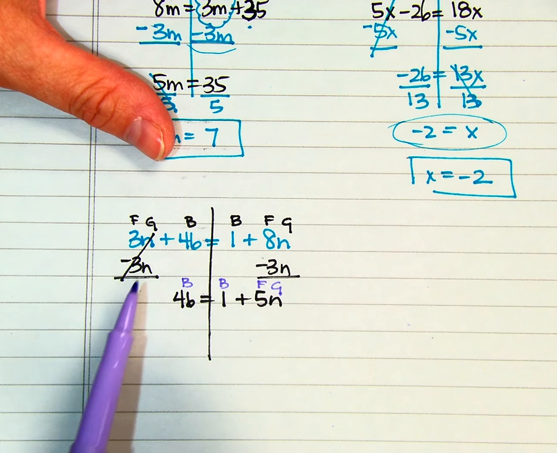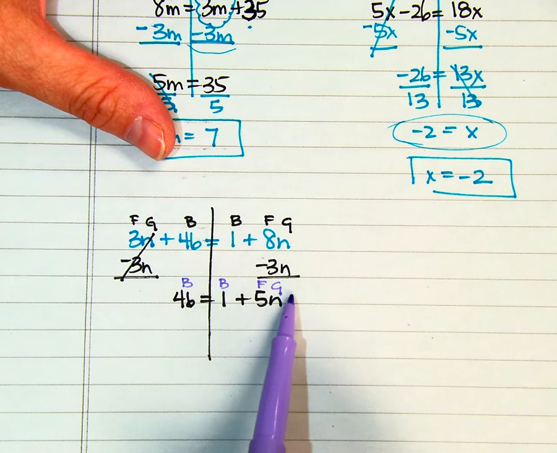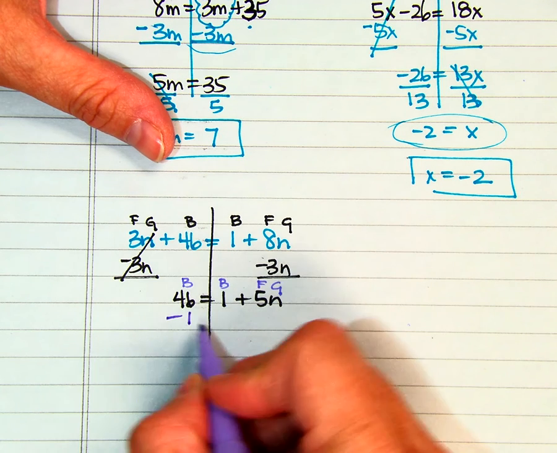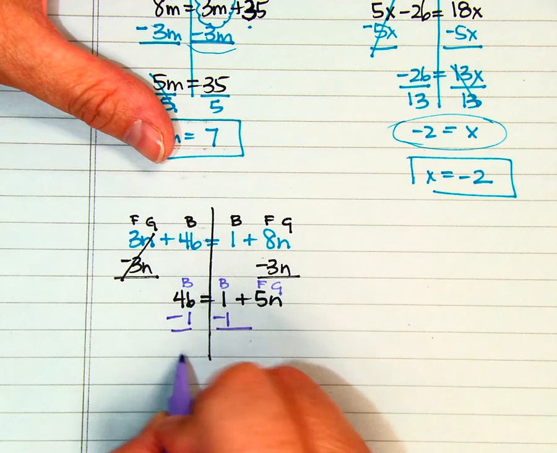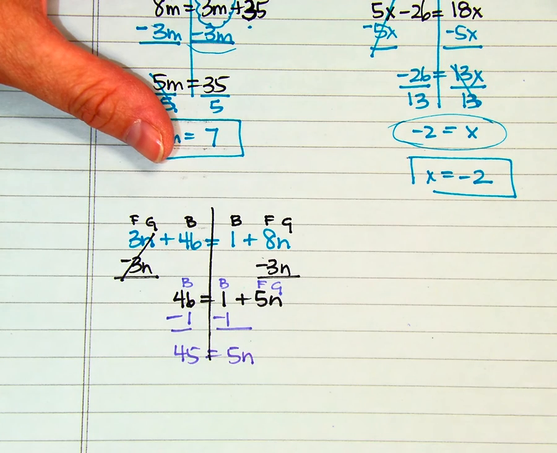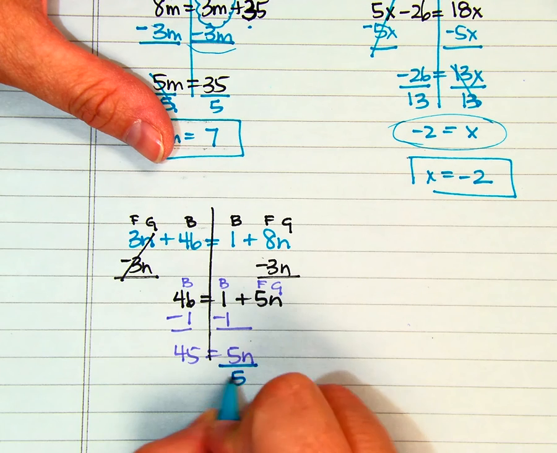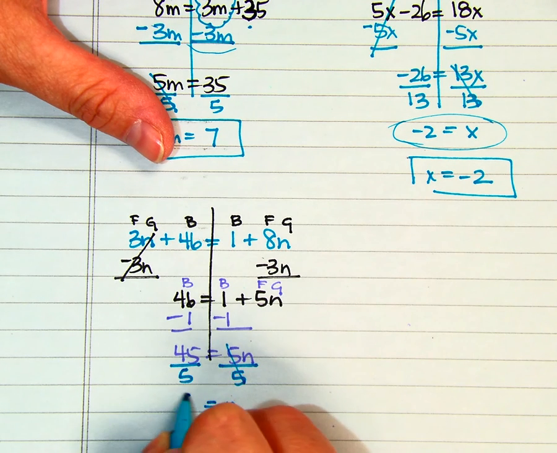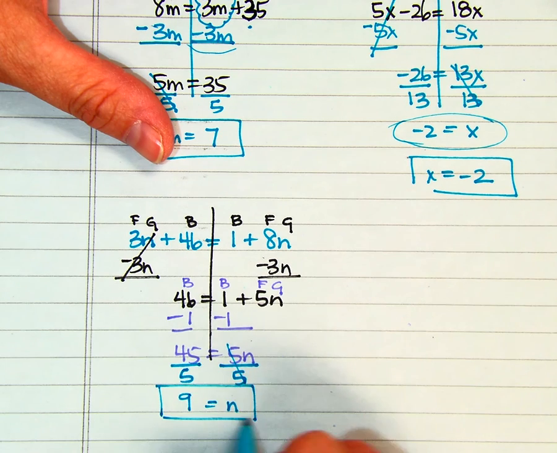So if I moved all of my variables to the right, the numbers get to move to the left. I'm going to subtract 1 on both sides and get 45 equals 5n. And then do the inverse operation of multiplication, and that is to divide. And I get n to equal 9.